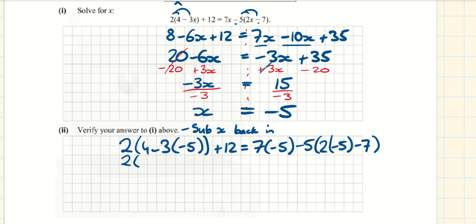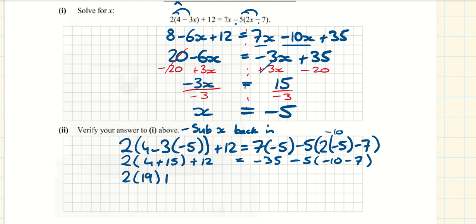So we'll have 2 times 4 plus 15, because double negative, plus 12 equals minus 35 minus, and then that'll be minus 10 minus 7, so minus 5 times minus 10 minus 7. Okay, so 2 by 19 plus 12 equals minus 35 minus 5 times minus 17.